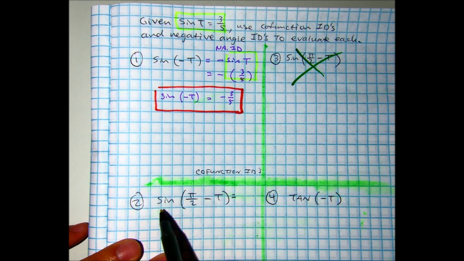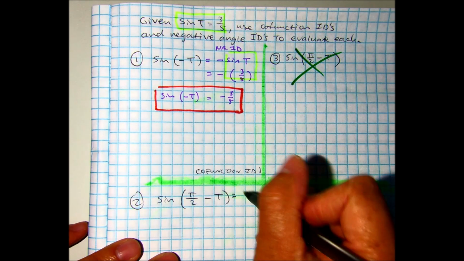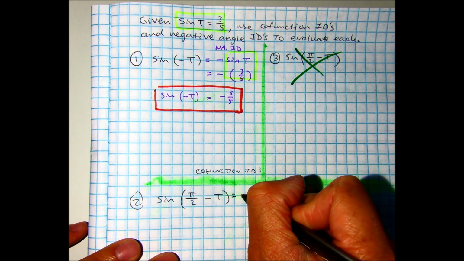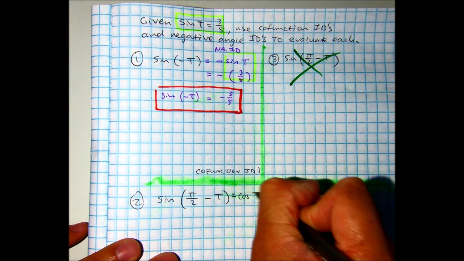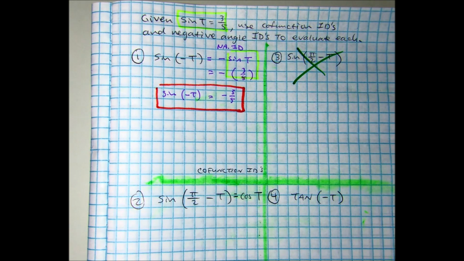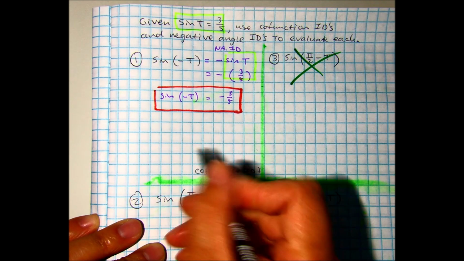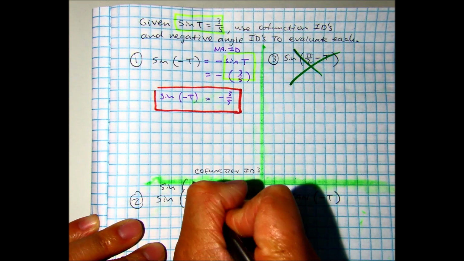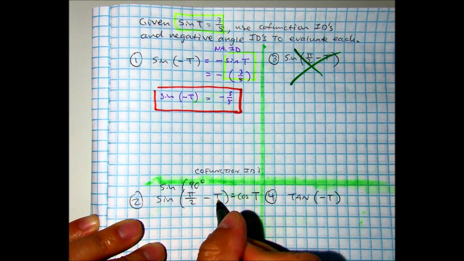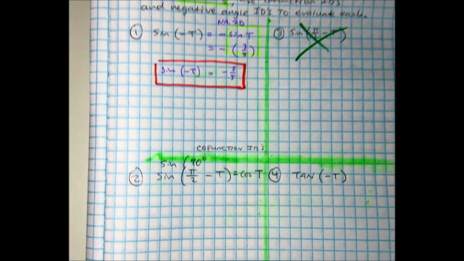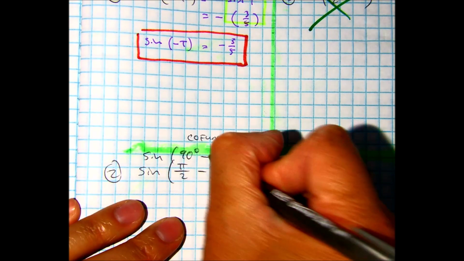And sine of pi over 2 minus t equals? Cosine of t. Raise your hand if you got that. Okay? Remember, if you get stuck, pi over 2 is what? 90 degrees, and if you're not sure about t, the variable, you can always change that to what? Theta or x or something like that. Does that make sense?